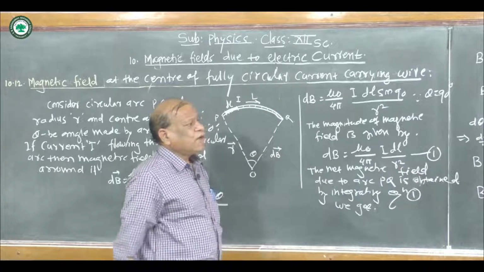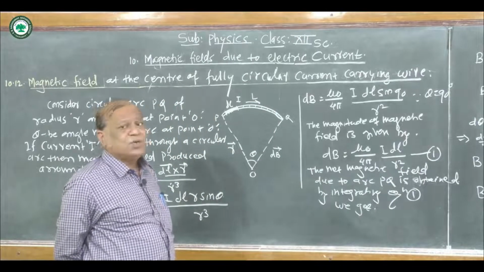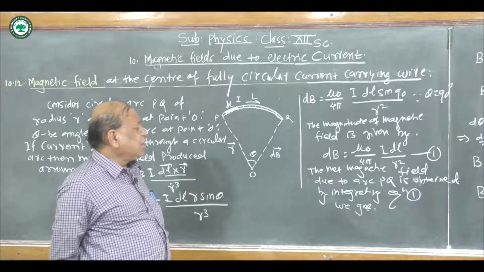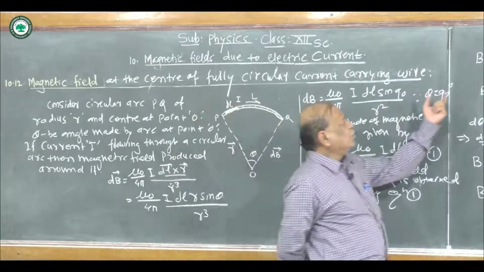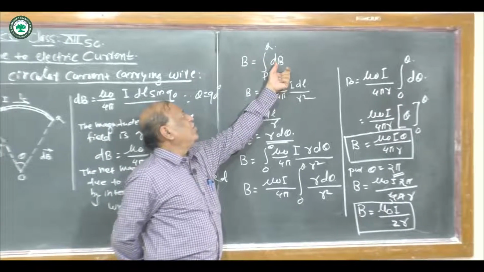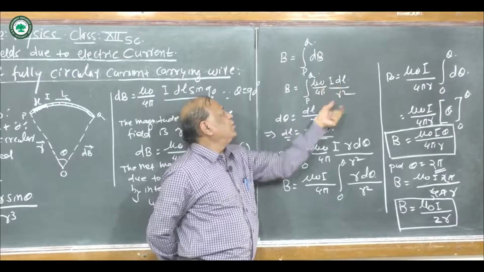Now we have to find the net magnetic field produced by the circular arc PQ. That can be obtained by integrating equation 1, integrating dB from limit P to Q. Now B is equal to, put the value of dB here.